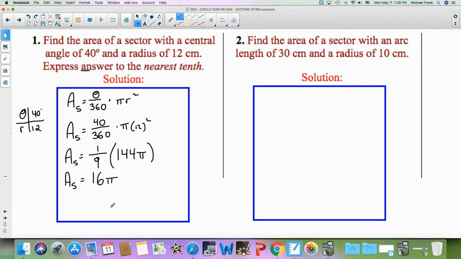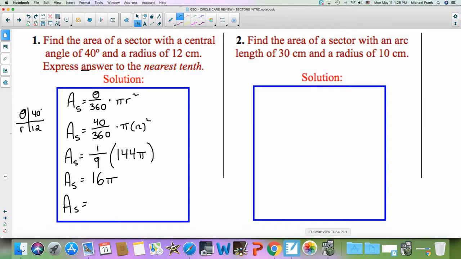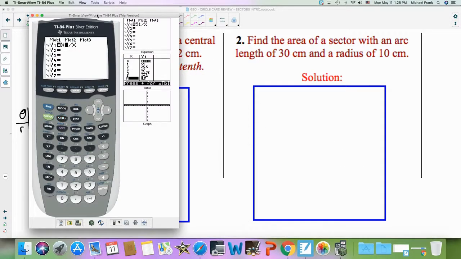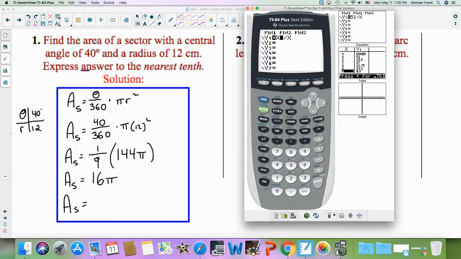So that right there would be the answer in terms of pi, but they didn't ask for the answer in terms of pi in this case. They want the actual area expressed in the nearest tenth. They're always going to ask you to round off when you have a problem where there's pi involved.